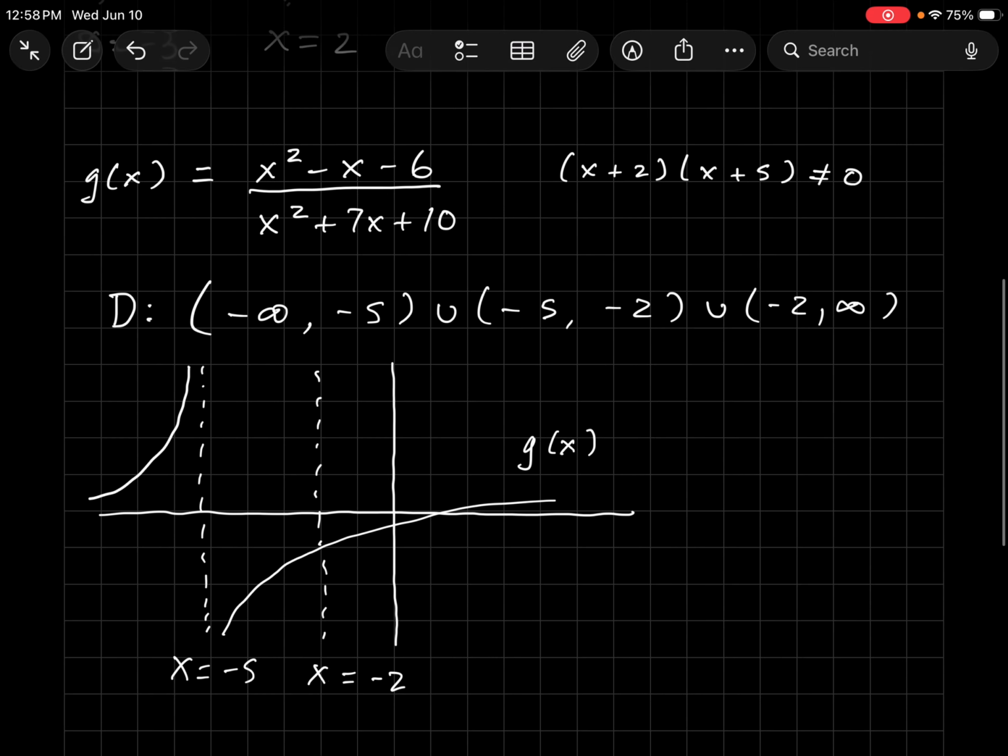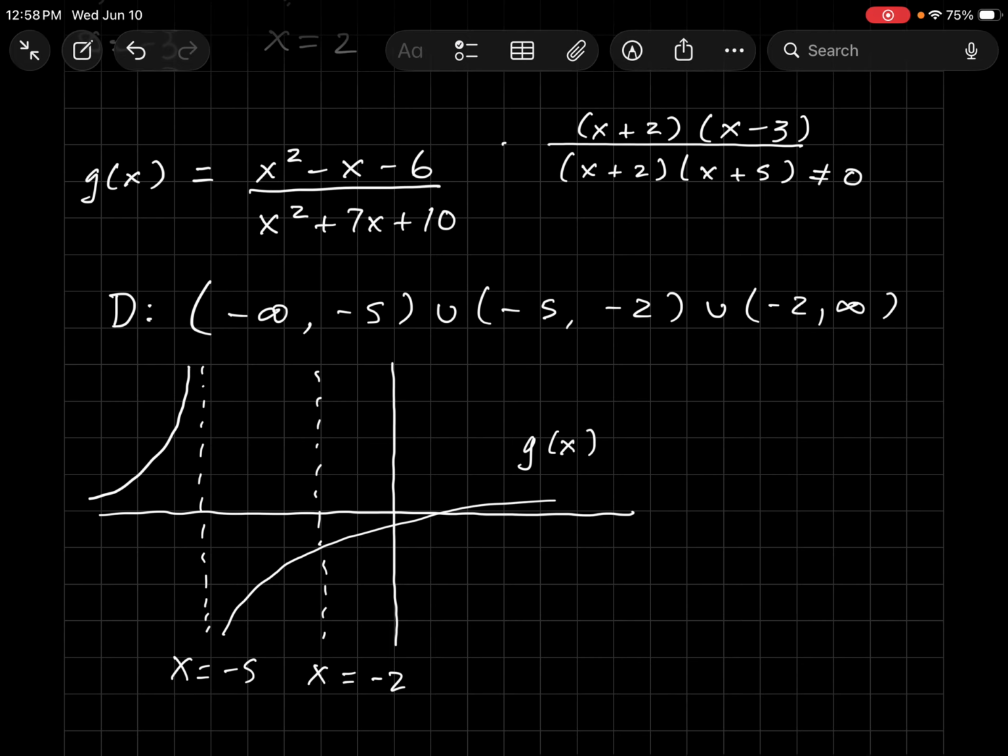Well, there's one thing we need to do here that we haven't done before, because we haven't needed to in the problems I've chosen, and that is we have not factored the numerator as well. So if I were to factor the numerator, I would get (x plus 2) times (x minus 3).